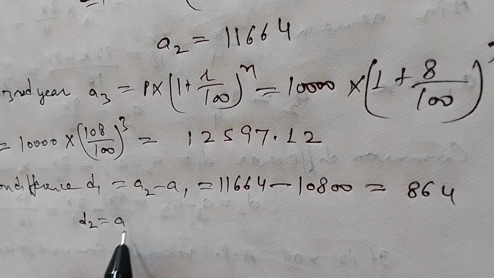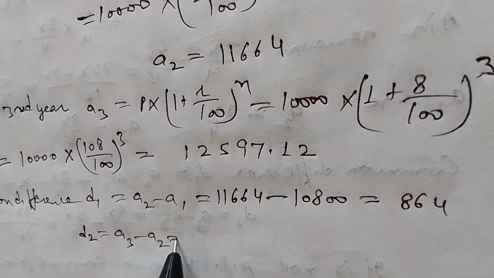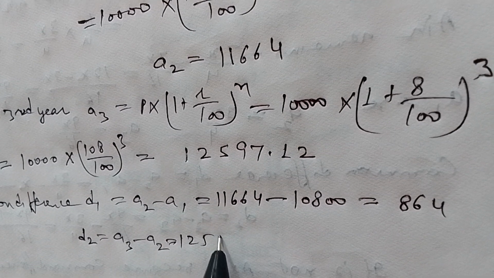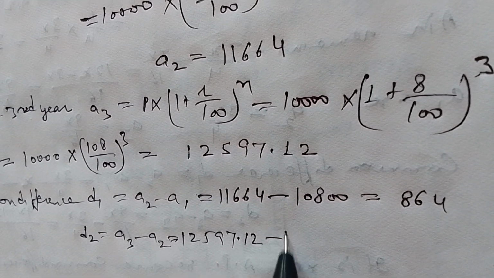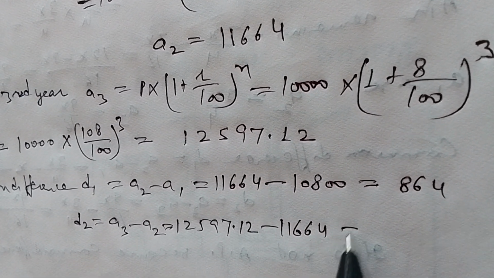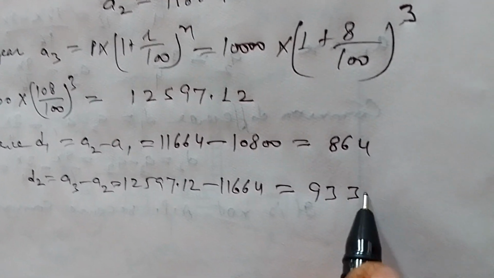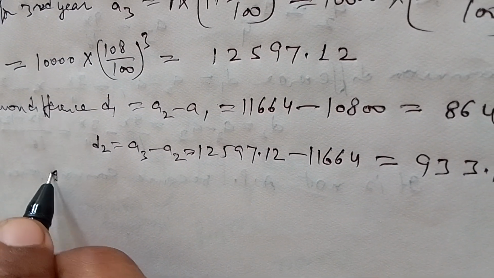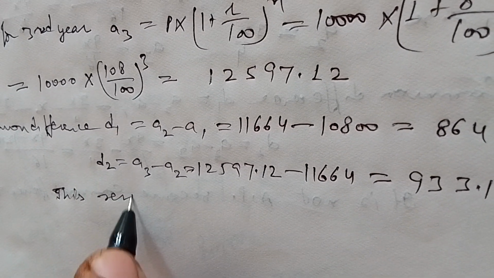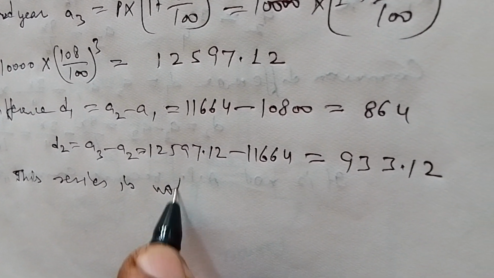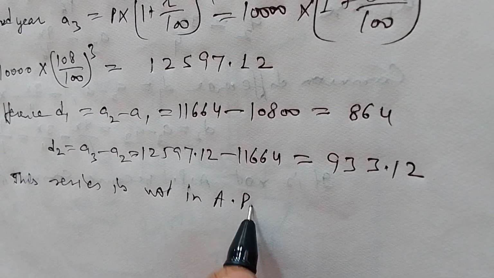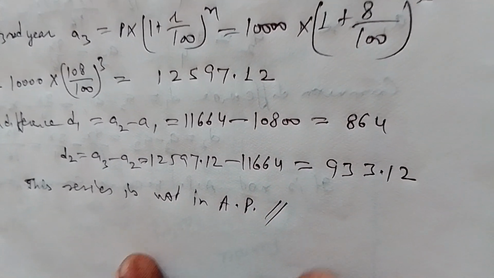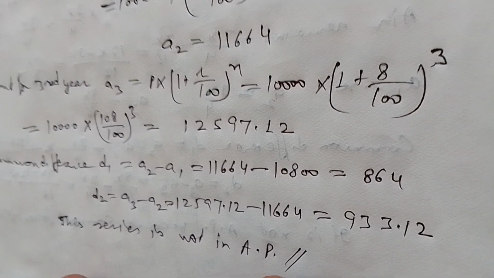Then the common difference of the third and second term, A3 minus A2, that is 12,597.12 minus 11,664, that comes out to be 933.12. Since the common difference is not common, this series is not in AP, arithmetic progression. So this is the solution of all the parts of the first question.